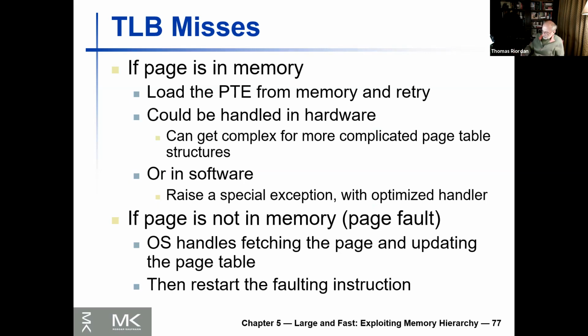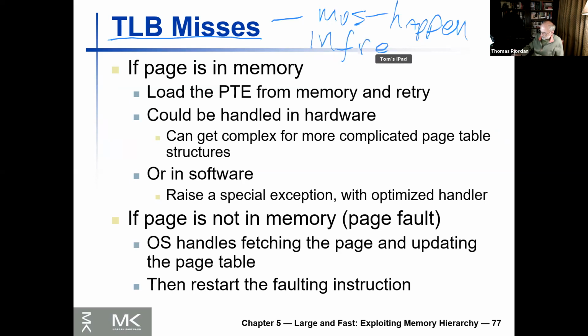So this just says, okay, when you miss in the TLB, then that's when you have to go and hopefully that must happen infrequently. Because when you miss in the TLB, when you miss in that cache of the page table entries on the CPU, then that's when everything is going to slow way down. You're going to take an exception. You're going to have to go out there and get a legitimate mapping for that guy and bring it in and load it in the TLB, and then you can start up.